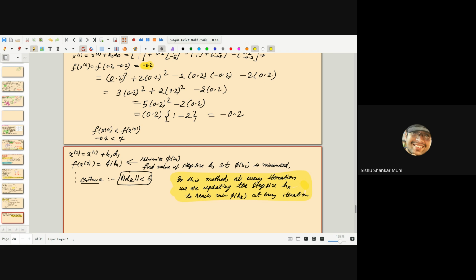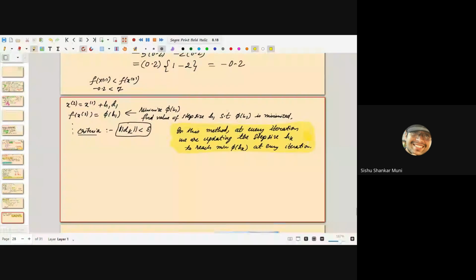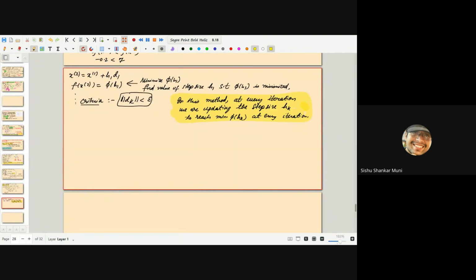It is computationally expensive because you are optimizing the step size at every iteration. You are finding hk such that phi of hk is optimum. Fine. Do you agree? Okay, fine. So therefore, it's a computationally expensive problem.